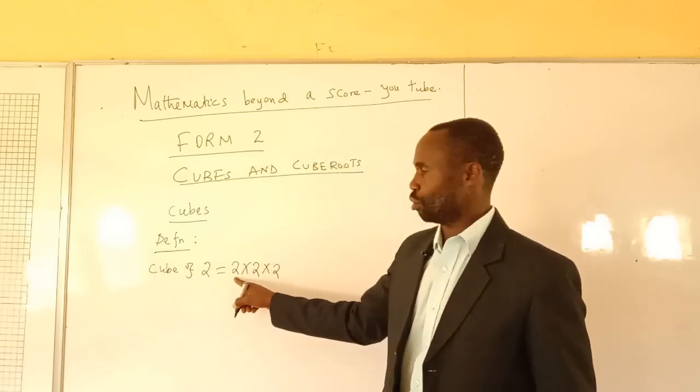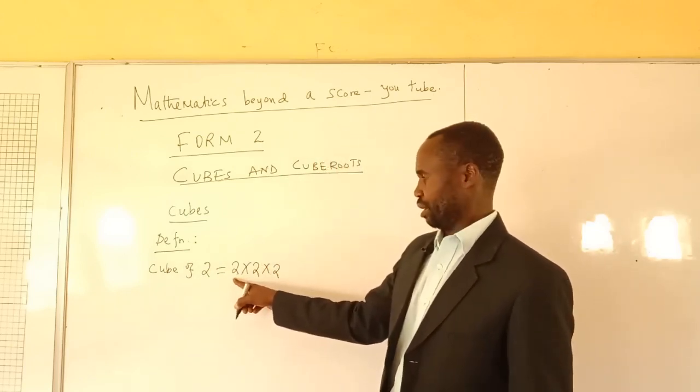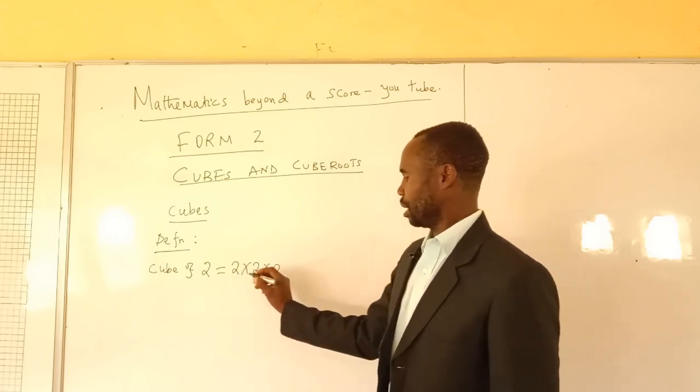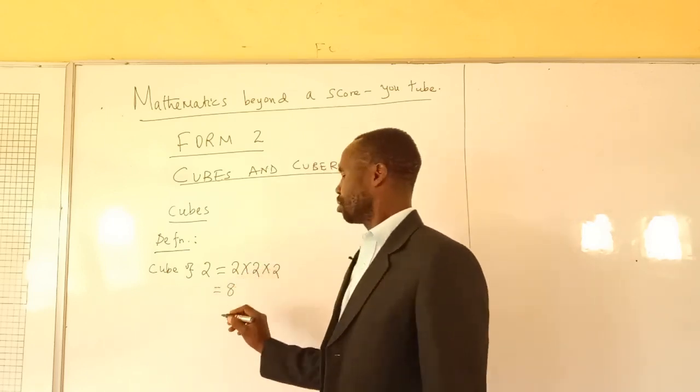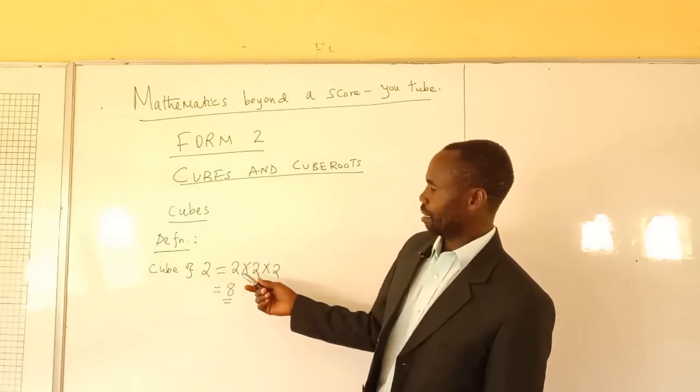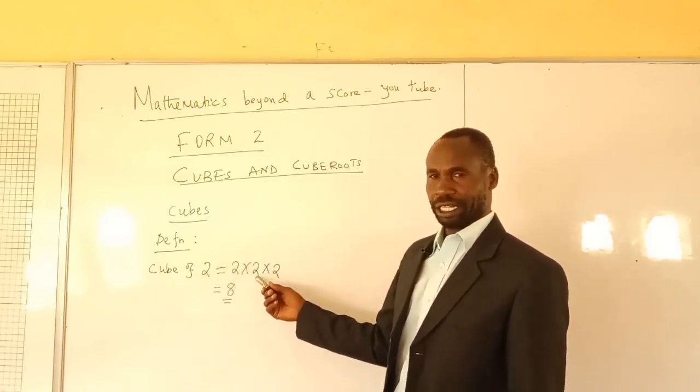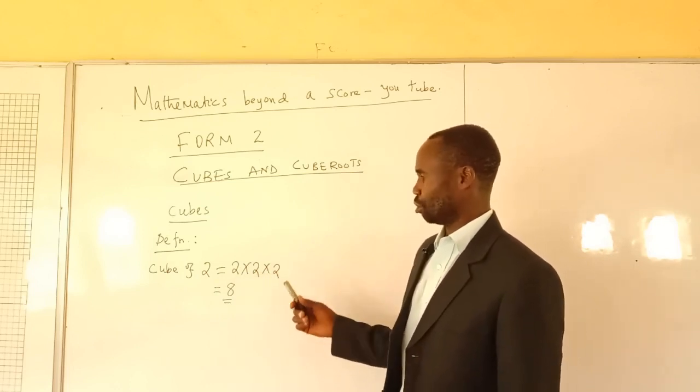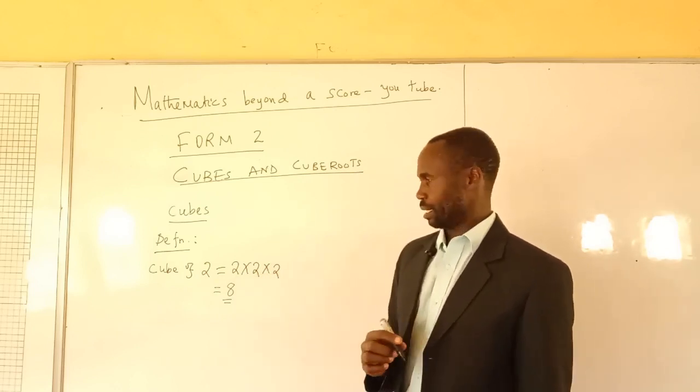This is the cube of 2, which is equal to 8. So my students, if somebody tells you the cube of 2, it means you are multiplying 2, multiply by 2, multiply by 2, you get the answer as 8.